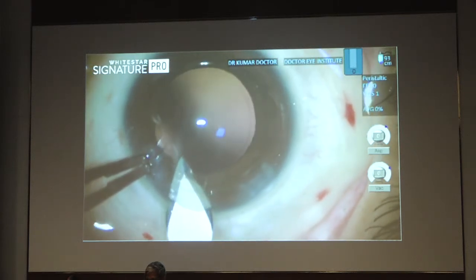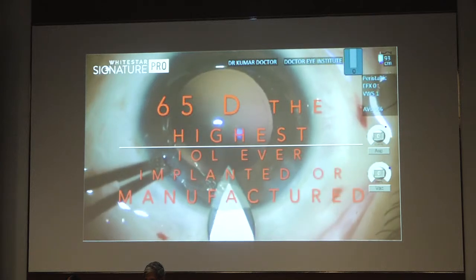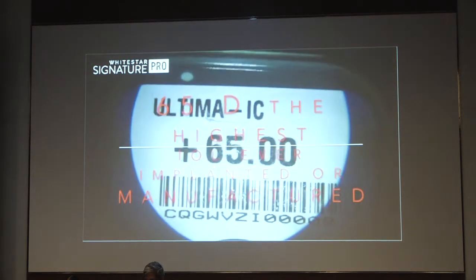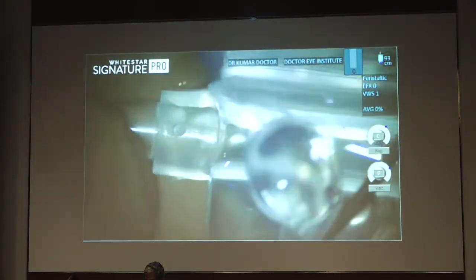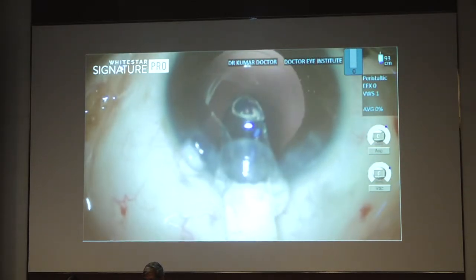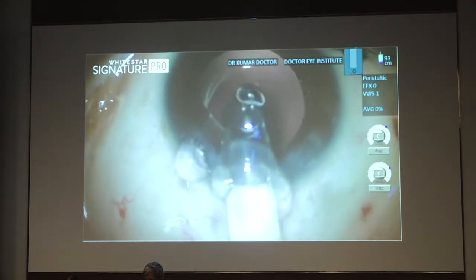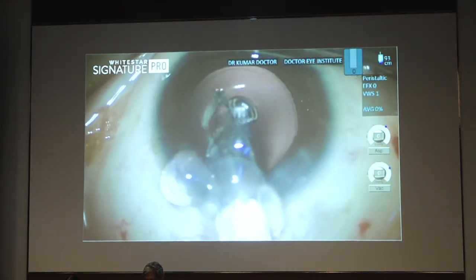65 diopter, highest ever IOL manufactured, was loaded, placed in the cartridge and then injected. Loaded the hydrophilic IOL. Significant amount of pressure needed to push the 1.9 millimeter thick IOL through a 3.4 millimeter cartridge.